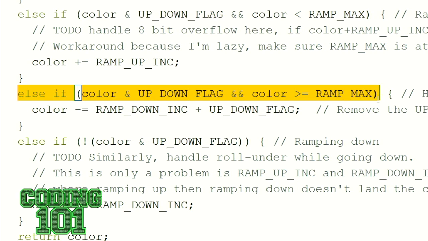So we start ramping down, and we also remove the up-down flag by subtracting it from the color. So that unsets that up-down flag, and now it is an even number instead of an odd number. And so we'll start going down our slope.